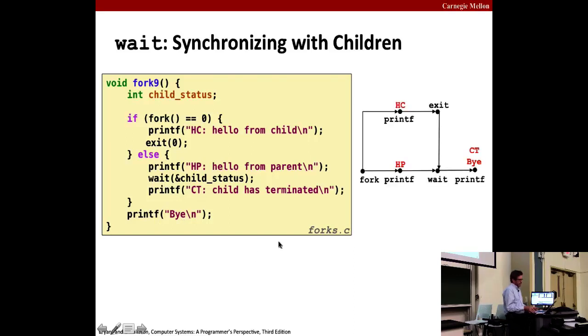If we look at the process graph for this, fork creates the parent and the child. Both the parent and the child do their printfs. And then the parent waits, it suspends until the child terminates, in this case by calling exit.